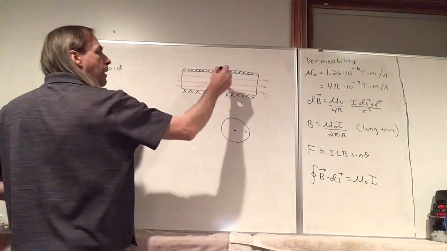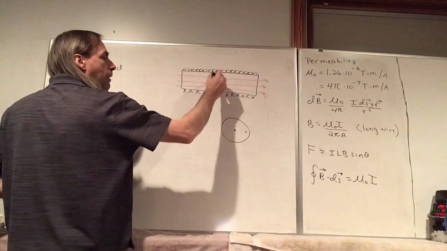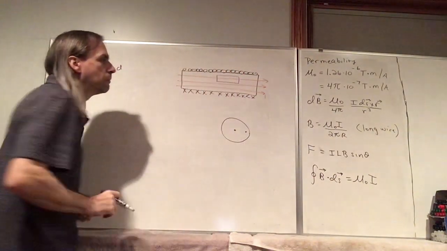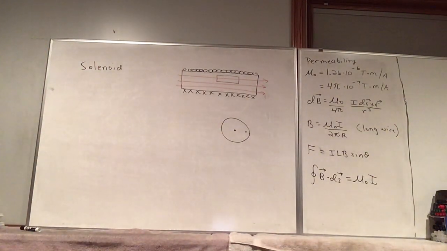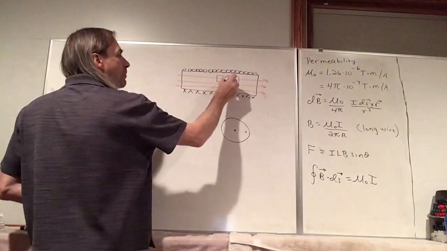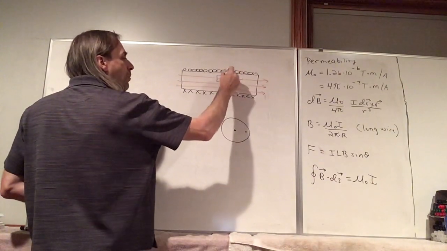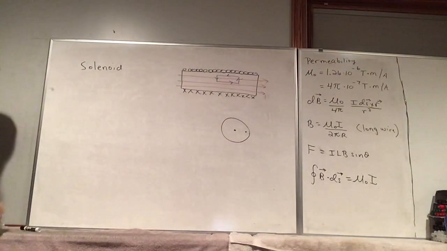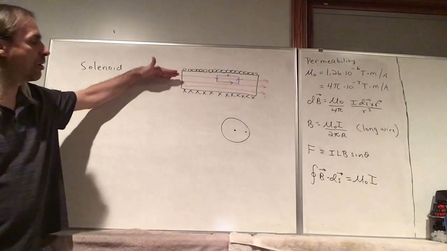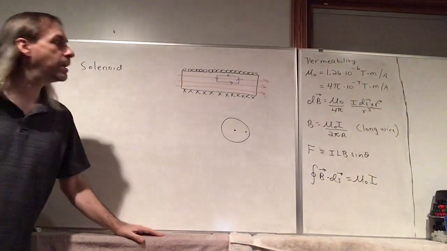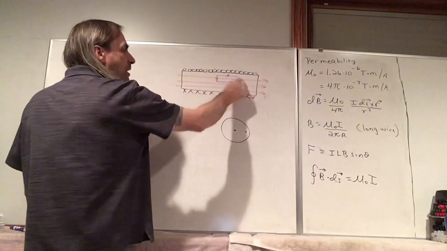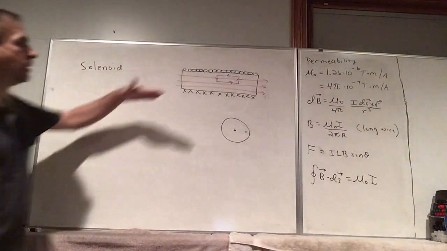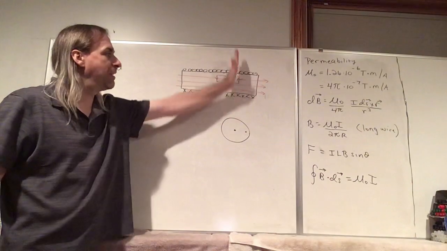So I'm going to draw a rectangle for our closed curve. We have a rectangle here, and let's trace it counterclockwise. The magnetic field lines are parallel to the axis, so B dot ds along these two sides is going to be 0, because the magnetic field here is to the right, and along this segment it's up.